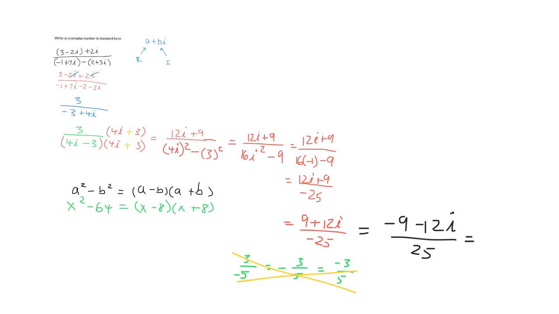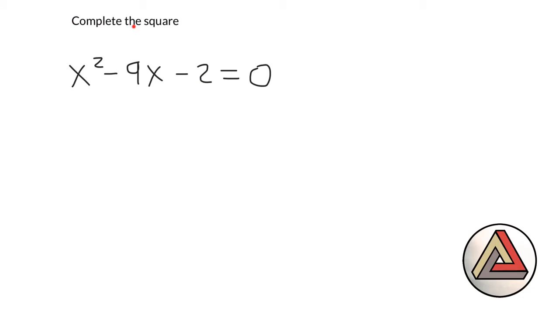So it's going to be negative 9 over 25 minus 12 over 25i. And then you are done, because this is the real part. The real part is negative 9 over 25, and the imaginary part is negative 12 over 25i. Hopefully that makes sense.